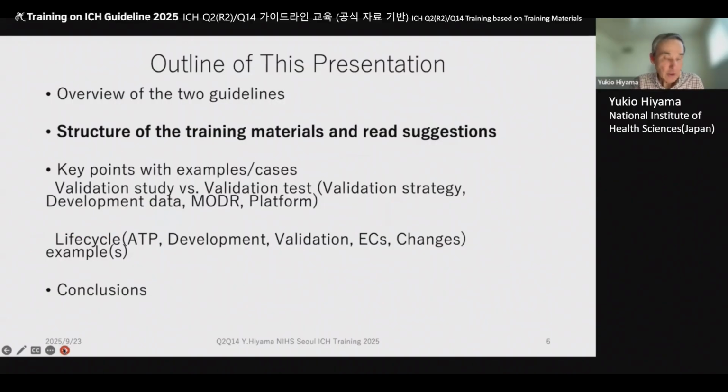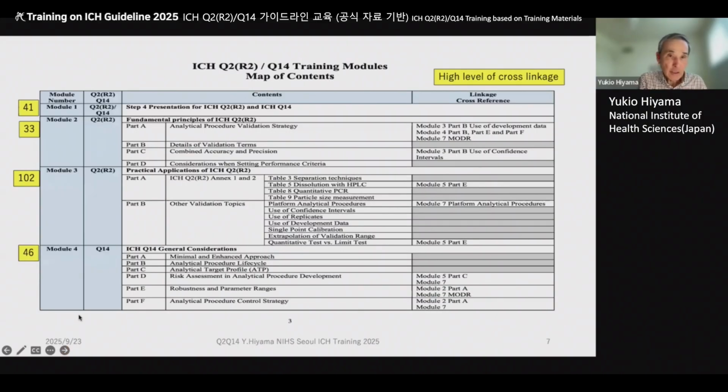The next is the structure of the training materials, which were published just recently, back in July this year, and my personal read suggestions for you. The next 2 pages are extracted from the ICH training material.